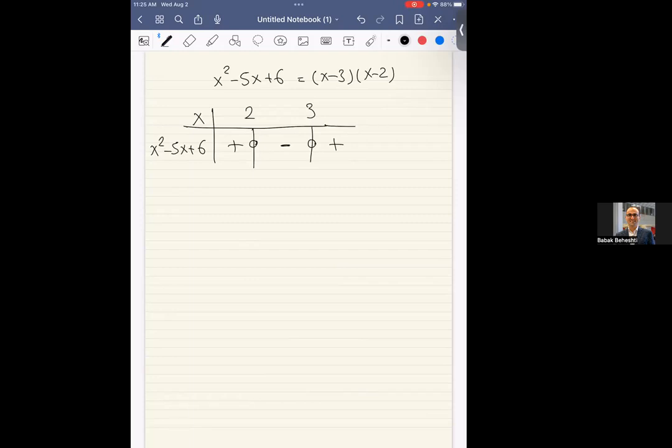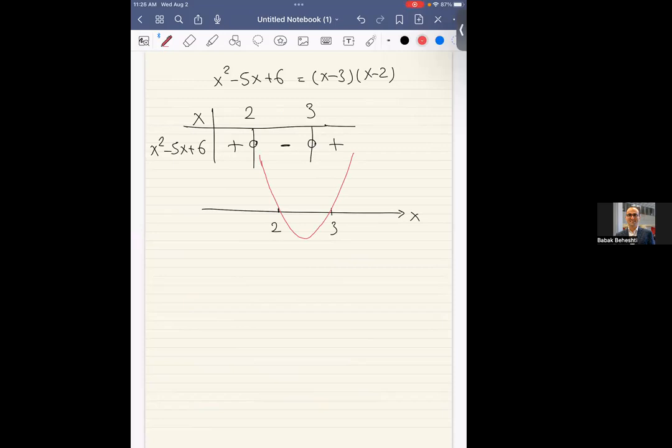If you want to understand it clearly, this is the picture you should have in your mind. Let me draw a picture. This is basically the geometry of this algebraic expression. The graph of x squared minus 5x plus 6 is something like this. You agree?